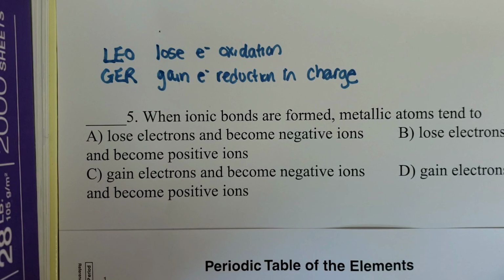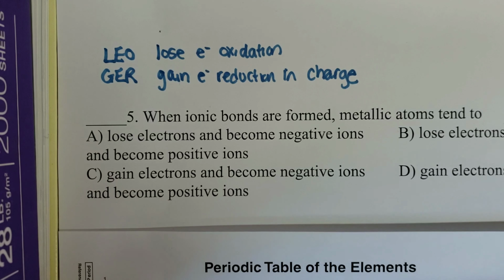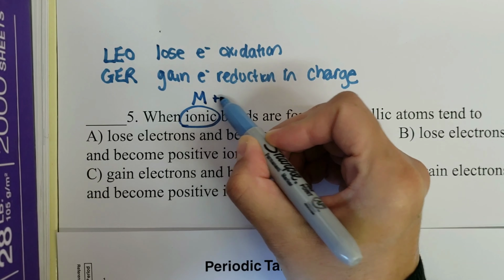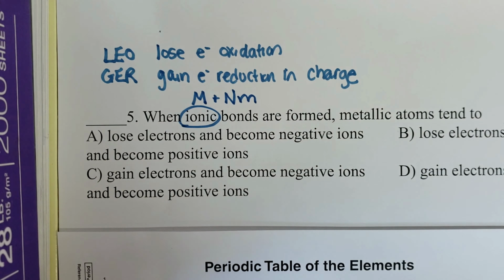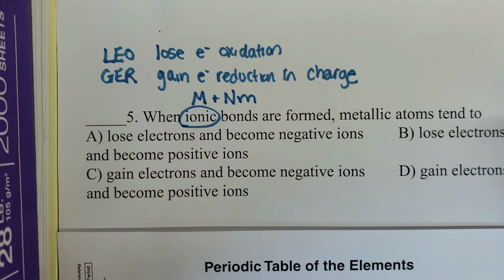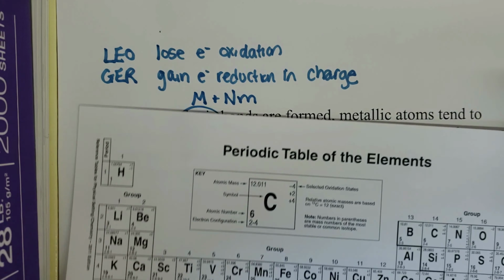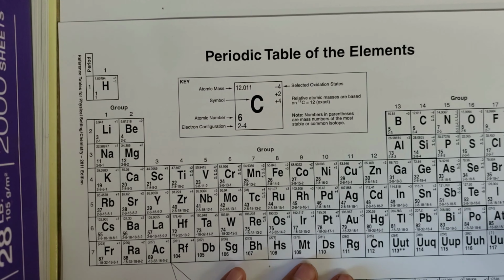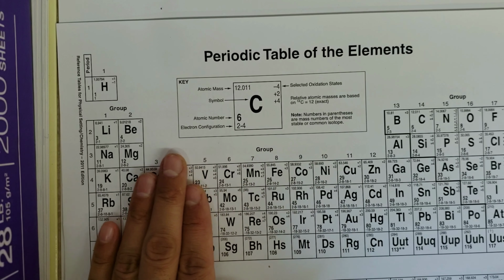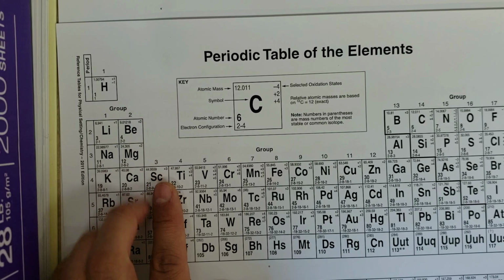In this question, we are asked to describe ionic bonds. We know ionic bonds are between metals and nonmetals. And we're looking at the metallic atoms to see what types of ions they form. On your periodic table of elements, the metals are to the left of the bold staircase.